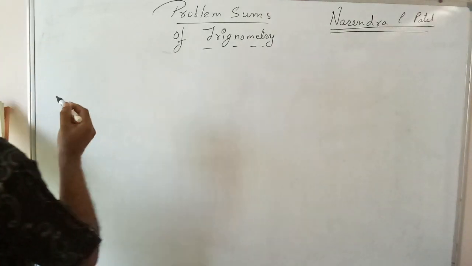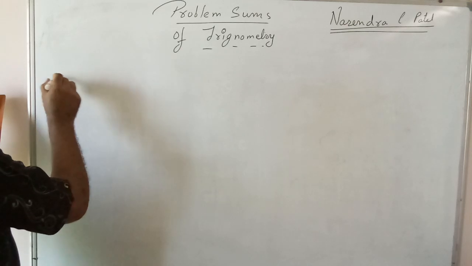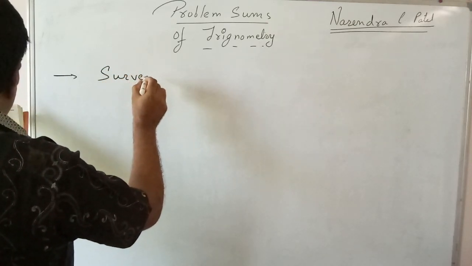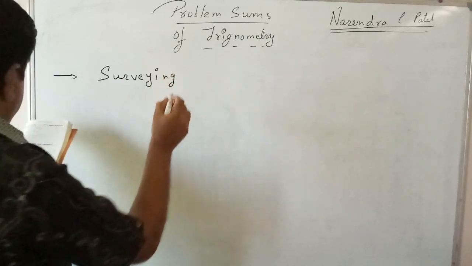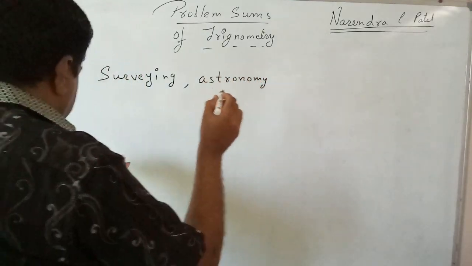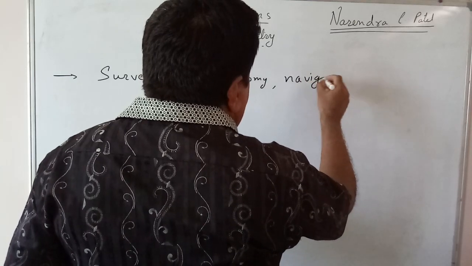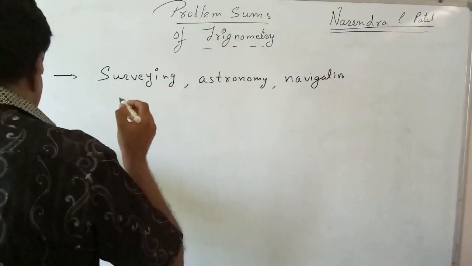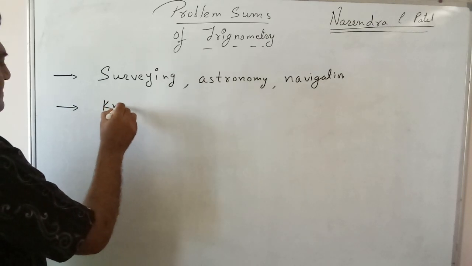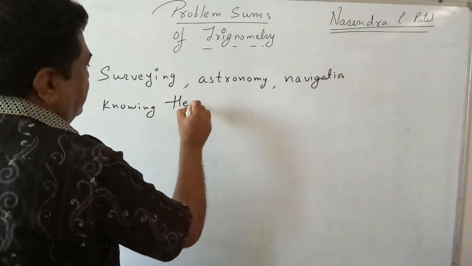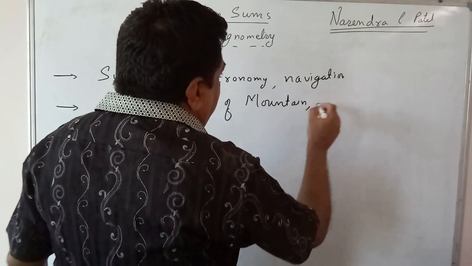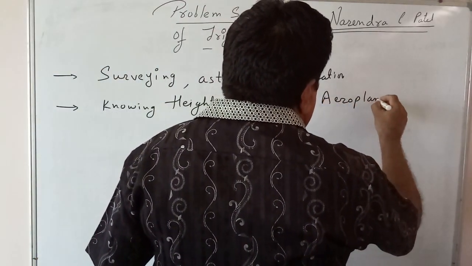See, in problem sums, trigonometry is used in surveying, astronomy, navigation, and even in knowing the height of mountains, aeroplane, etc.